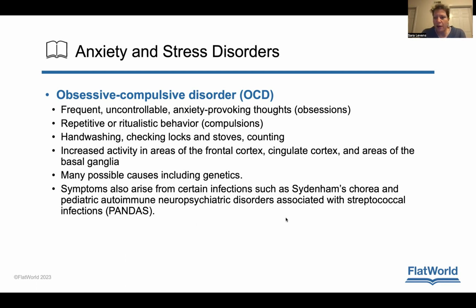It has many possible causes, including genetics. Symptoms also arise from certain infections, such as Sydenham's chorea and pediatric autoimmune neuropsychiatric disorders, which are associated with streptococcal infections. So again, you can see some of the origins and some of the similarities across these disorders in these common areas.